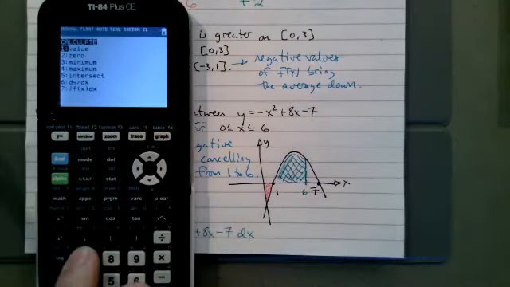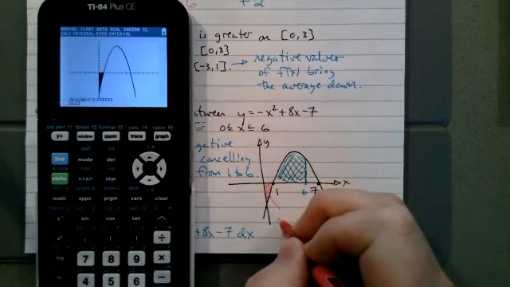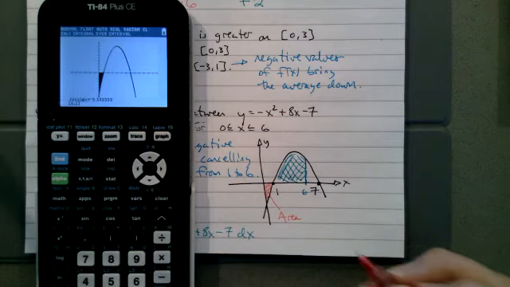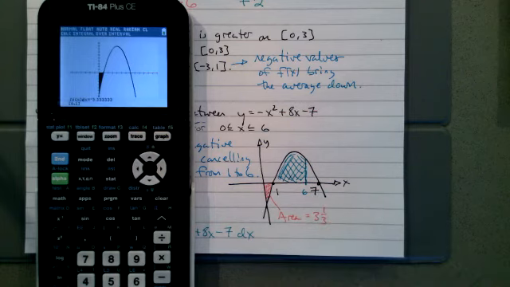So what we want to do is calculate the integral from 0 to 1, which is going to give us negative area. The calculator is saying that's negative 3 1/3. So the definite integral is giving us negative 3 1/3, so the area is positive 3 1/3 because area should always be positive.